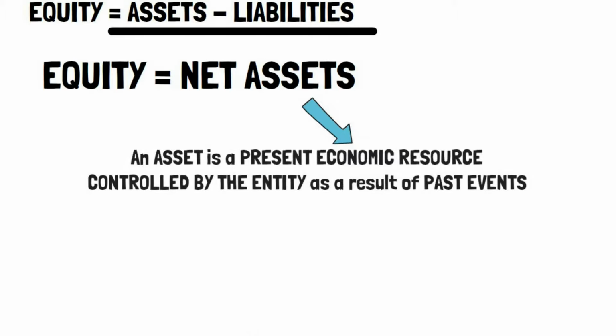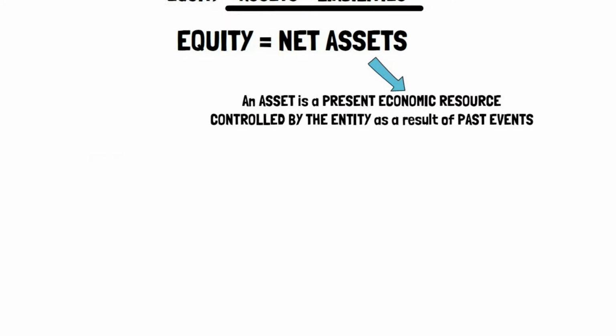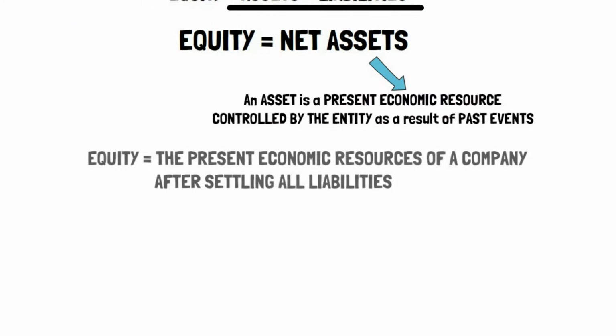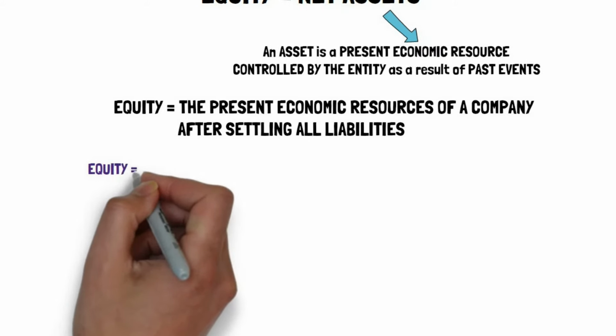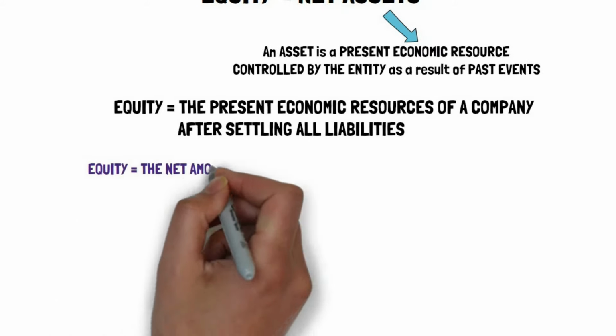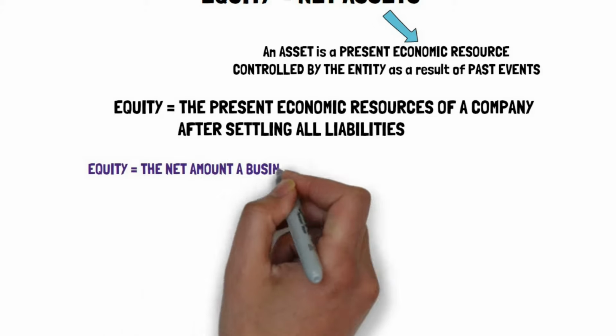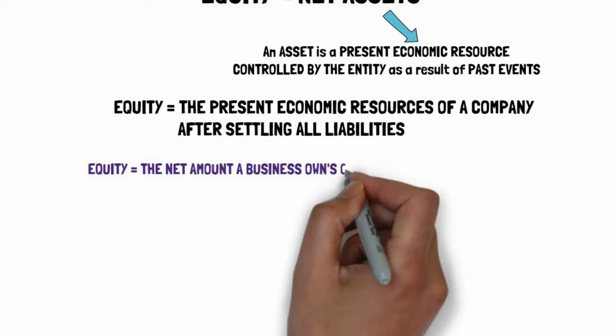An asset is a present economic resource which is controlled by the entity as a result of past events. So equity must be a present economic resource of a company after settling all of its liabilities. So equity must equal the net amount a company owns or owes. And this can be in cash or otherwise.